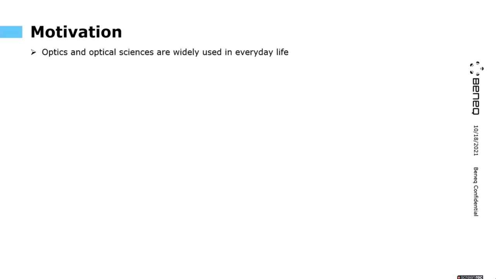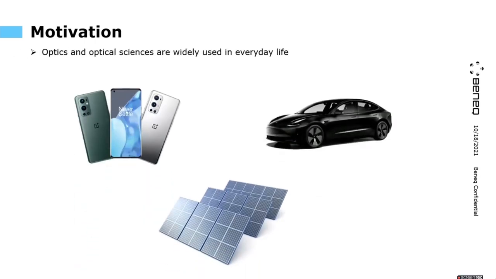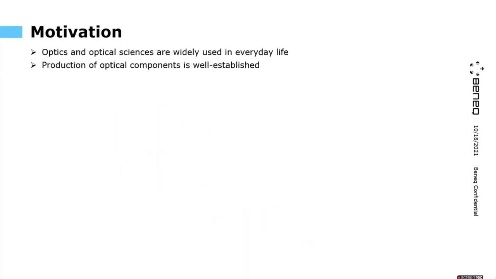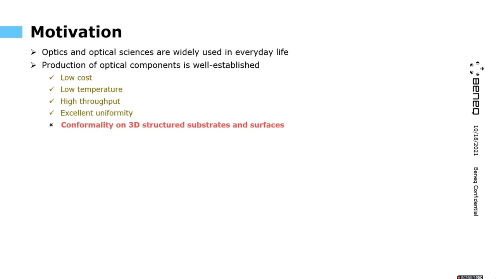So for us, knowing that optics is everywhere in our daily life, from consumer products to energy applications, all these manufacturing and production methods for optical components are well established by means of low cost, low temperature, high throughput, and excellent uniformity by current thin film deposition methods. But what we are really missing is conformality on 3D structured substrates and surfaces.